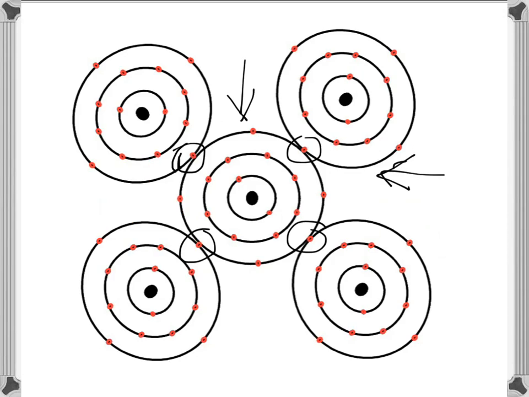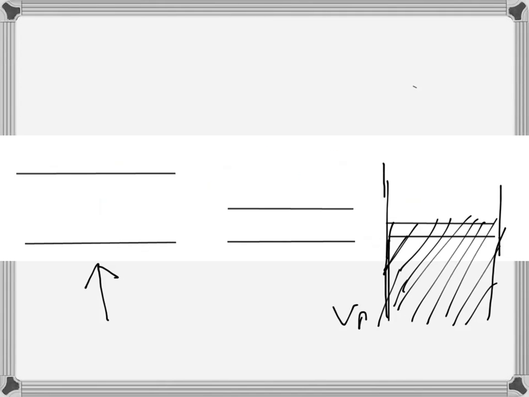For a metal, there is an overlap of the conduction band and the valence band. As a result, there are already electrons available for conduction.